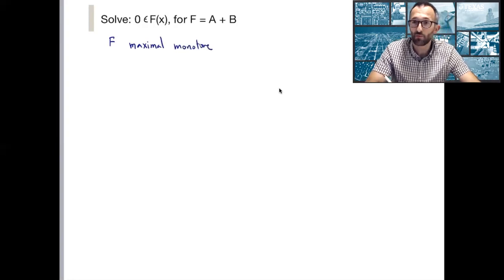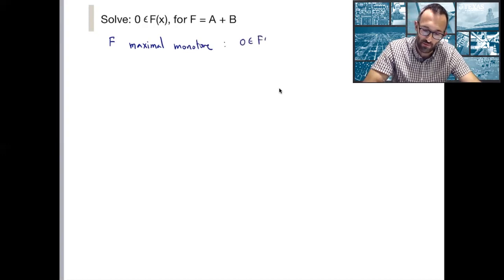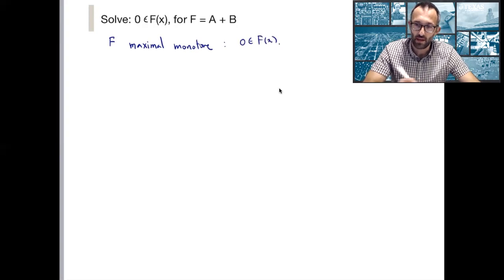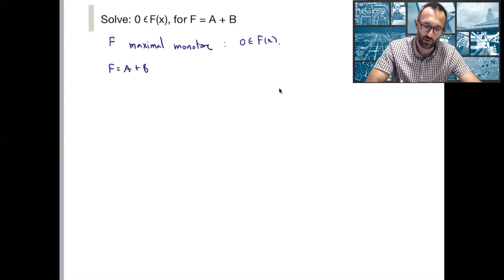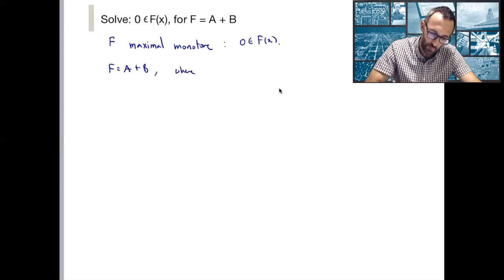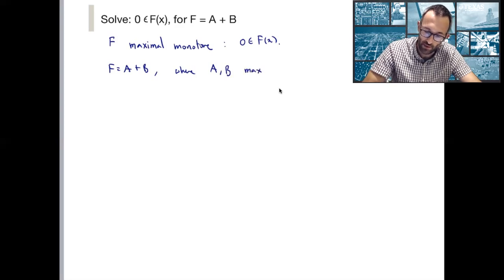And we want to solve the generalized equation 0 is an element of f of x. And now the composite structure that f has is to say that f is equal to a plus b, where we're also going to assume that a and b are maximally monotone.